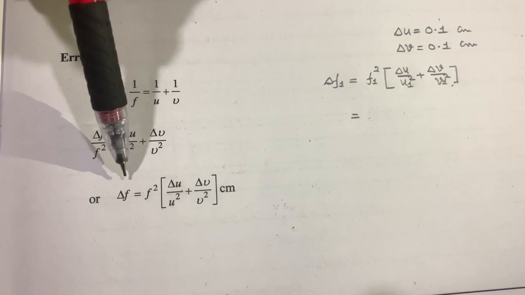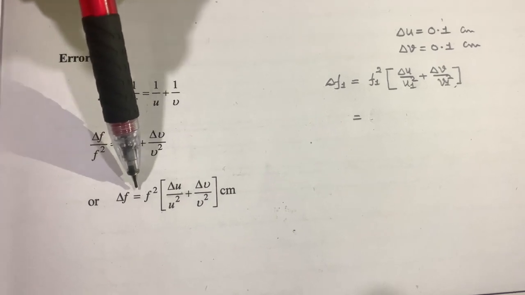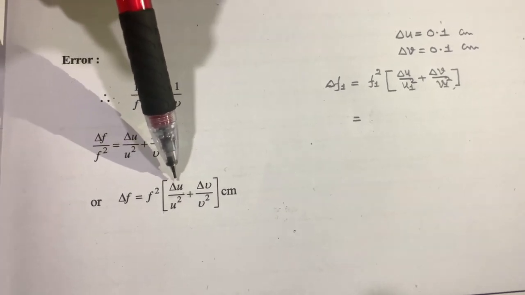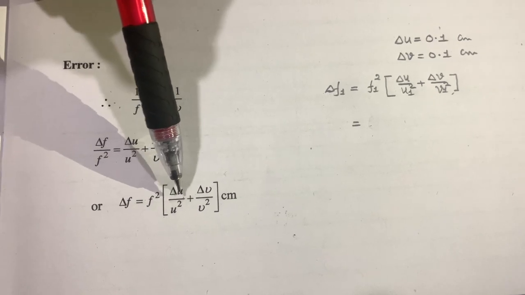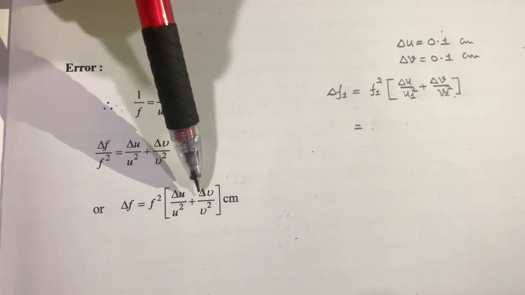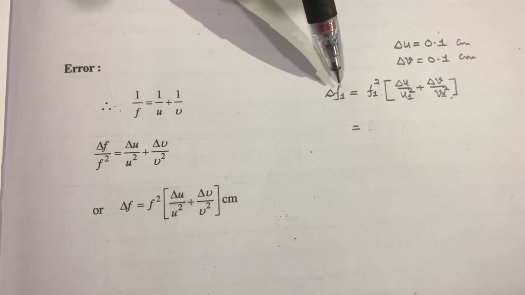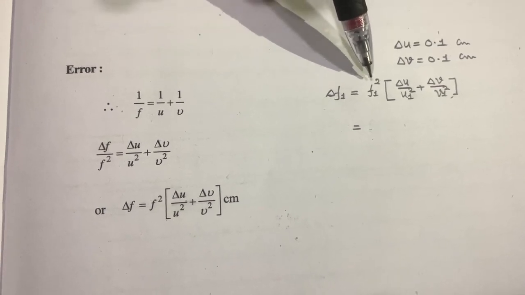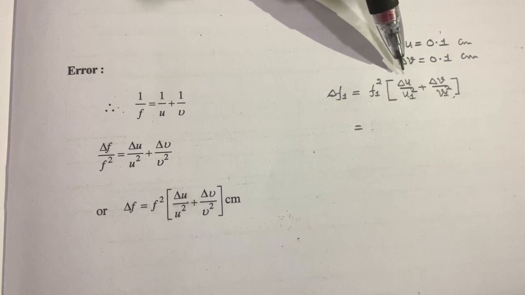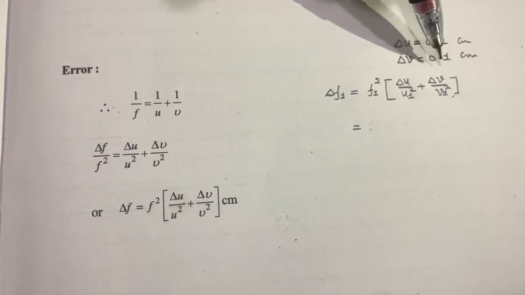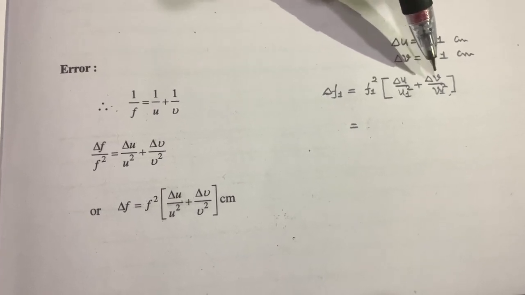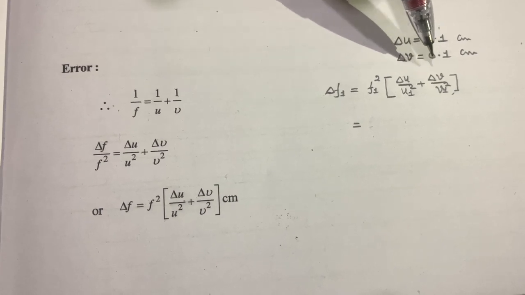So finally we will get delta f, that is f square into delta u upon u square plus delta v upon v square. So you can write delta f1, that is equal to f1 square into delta u upon u1 square plus delta v upon v1 square.